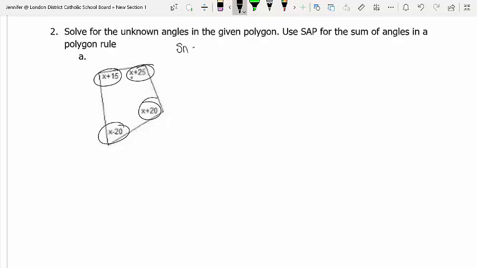So Sn equals 180 times n minus 2. Okay. Now, we know that the number of sides is 4, so we can plug that in for n. Okay. And we know that the sum of the interior angles is just this plus this plus this plus this.